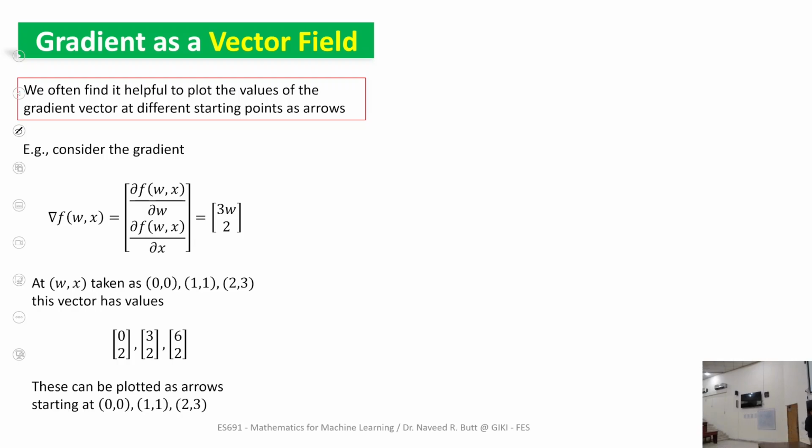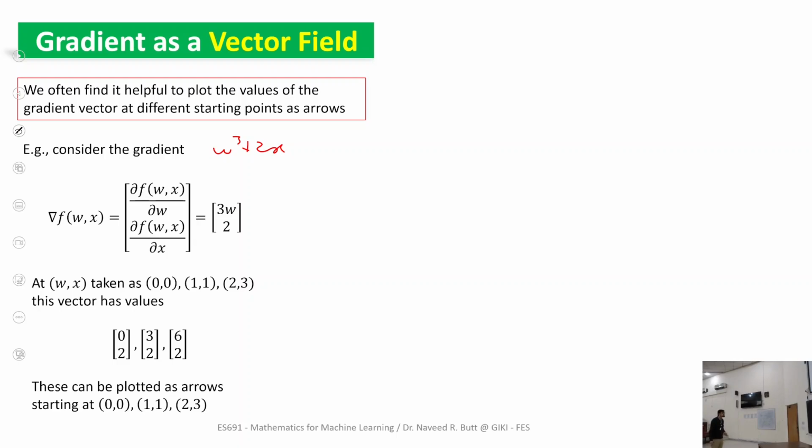So what was it, w cube plus 2x, was it that? Okay, then it should be 3w square, that was wrong. Yeah, I think I typed it wrong. Anyway, so let's say we had something like this.